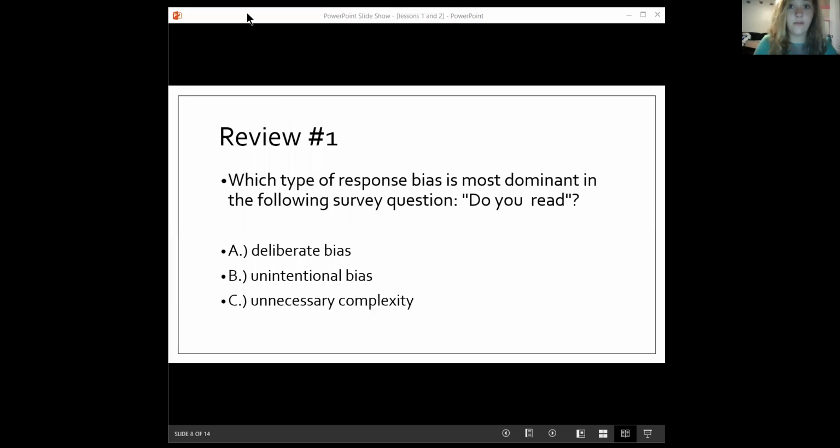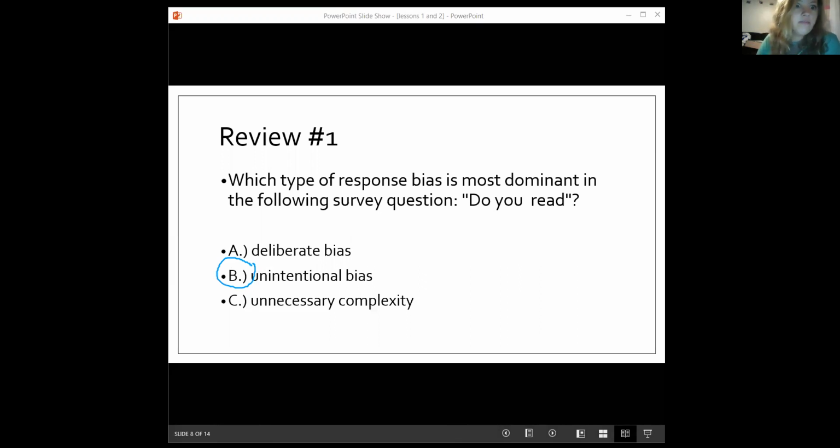Okay, so our answer to this one is going to be B. So let me circle that. Remember, B, unintentional bias, is when the wording doesn't really tell you what's going on, so it's going to confuse the person as to what they're answering. The wording doesn't clearly state what type of reading is of interest. Is it newspapers? Is it websites?